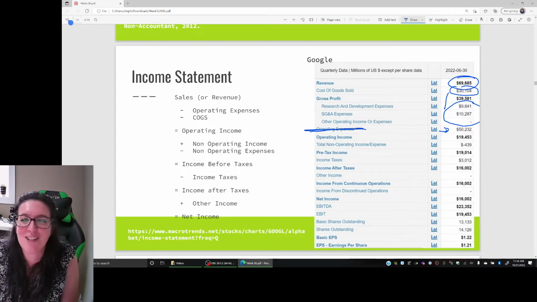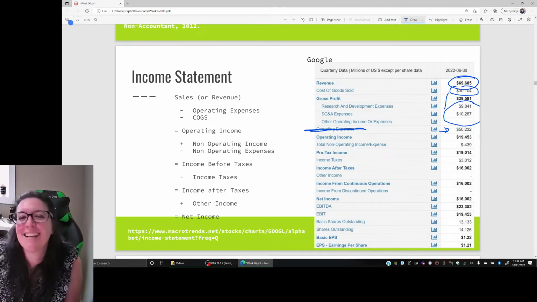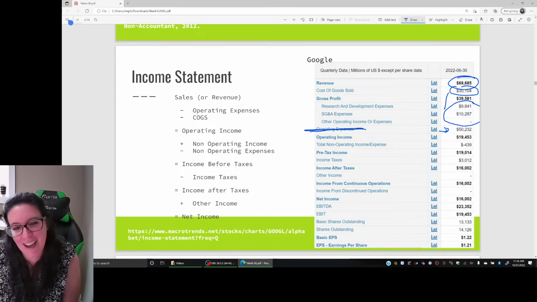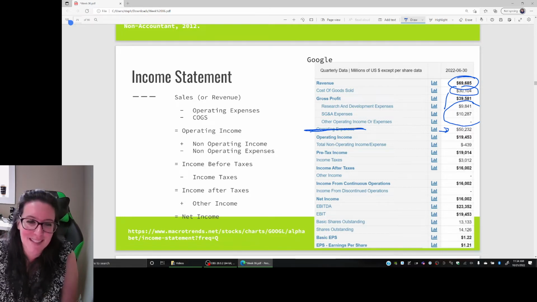So one of the challenges in accounting, and why I am not an accountant, is that they use lots of terminology, same terms with different meanings depending on what country you're in, where you are, whether you're in finance or accounting. So be careful as you look at statements for your organization or for others in terms of what they actually mean.